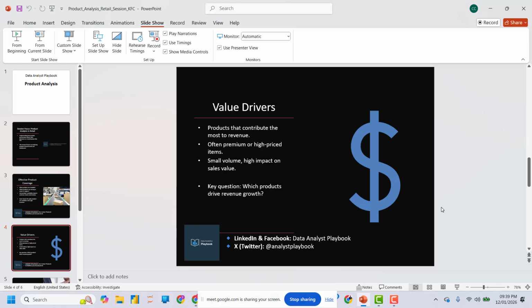There are certain products that contribute mostly to revenue. They are often premium or high priced products. So selling those products at a very small volume would impact so much, would increase value in terms of revenue.